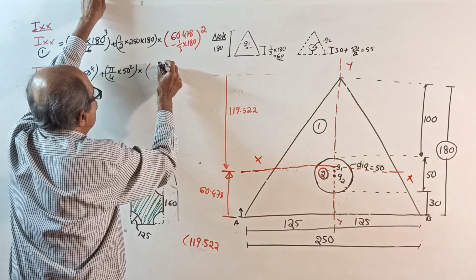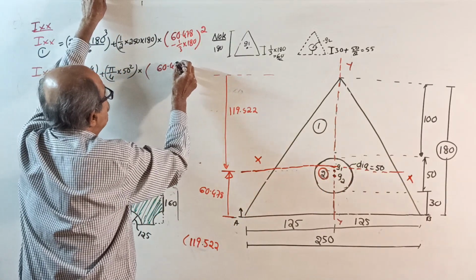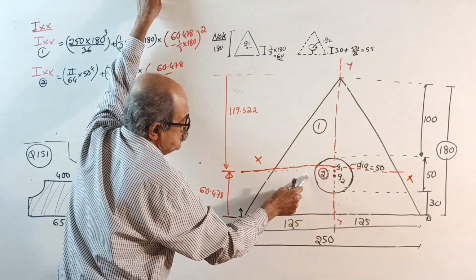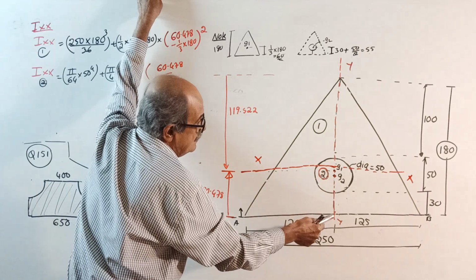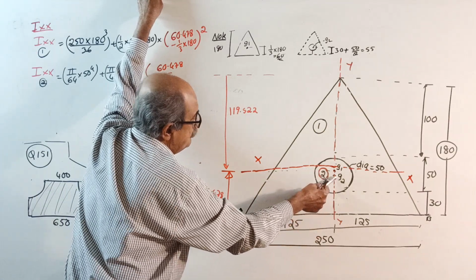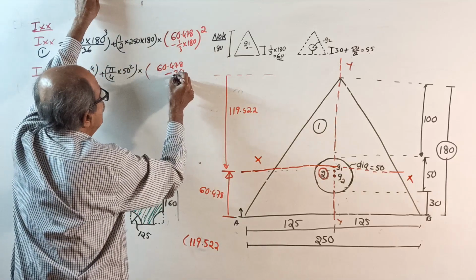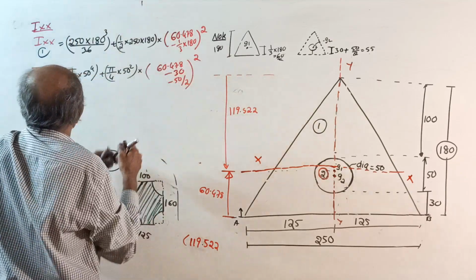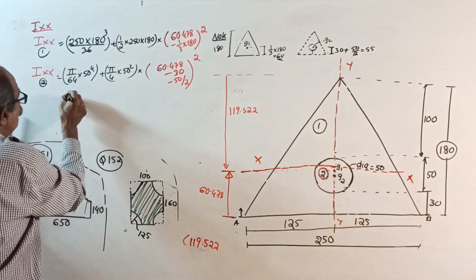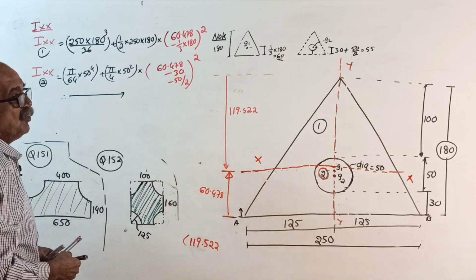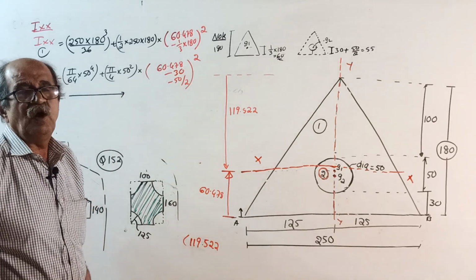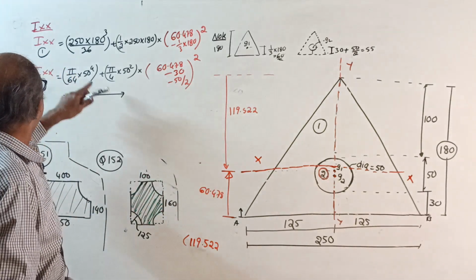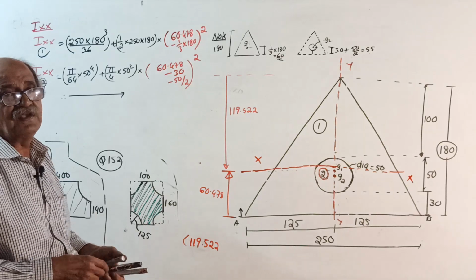That is 60.478 minus, as we want G2 to xx, 30 minus 50 by 2, squared. Calculate. Therefore, close the question. I about xx for the given lamina with the cutout is I about xx for 1 minus I about xx for 2.